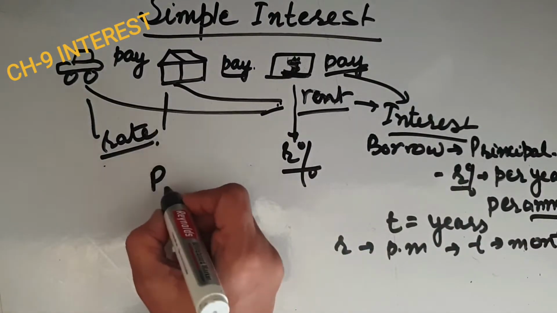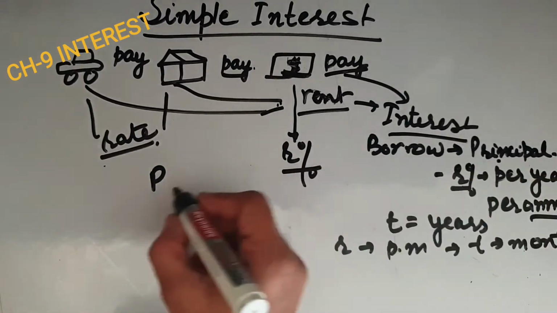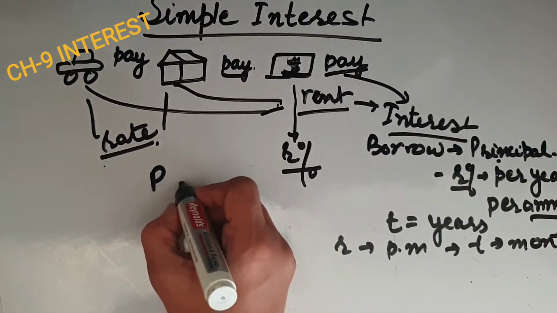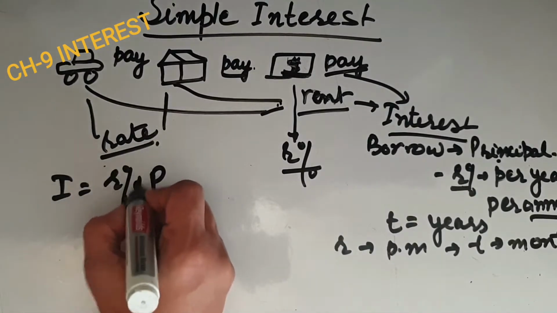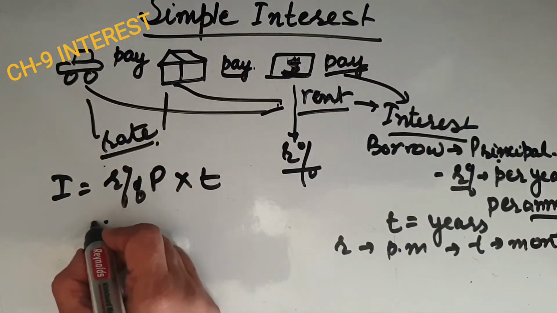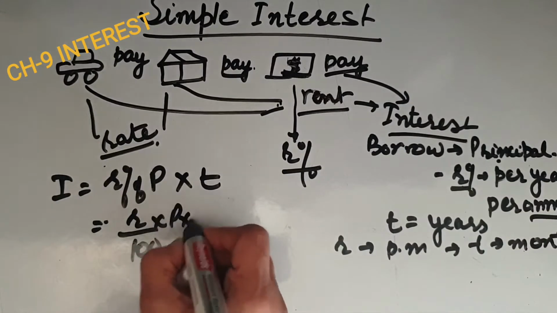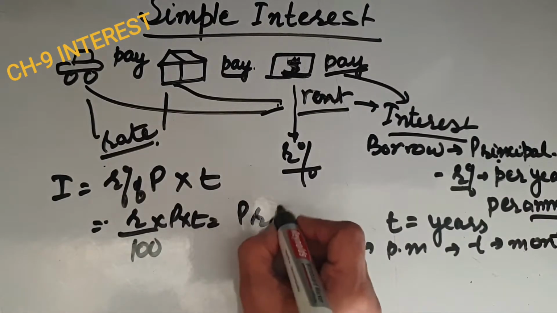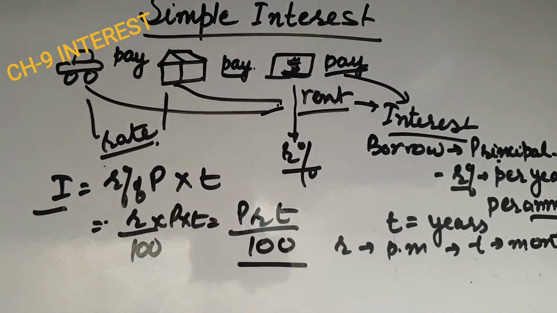When rupees P, the principal, is borrowed at a rate of R percent, interest will be paid as R percent of P for T years. So if I write it in a simplified form, R upon 100 into P into T, or PRT upon 100. This is the interest paid for the money: always PRT upon 100.